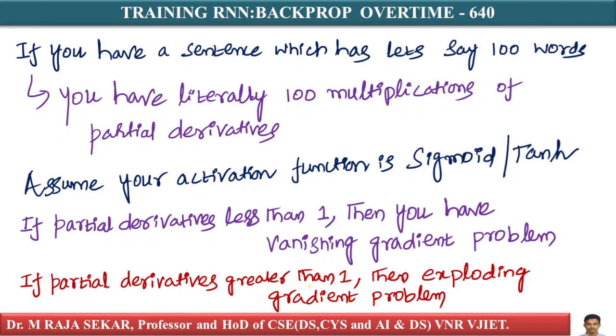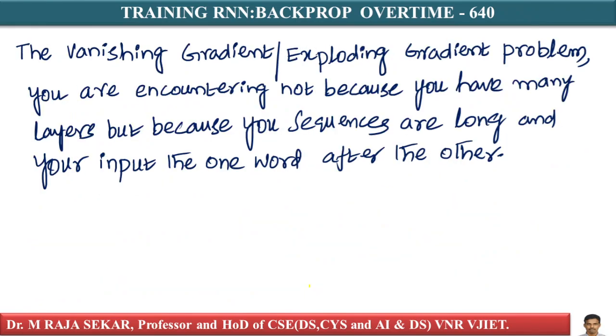So please note that you are not running into this problem because you have lots of layers. You are performing forward propagation and back propagation over time. The vanishing or exploding gradient problem you are encountering is not because you have many layers, but because you have sequences.